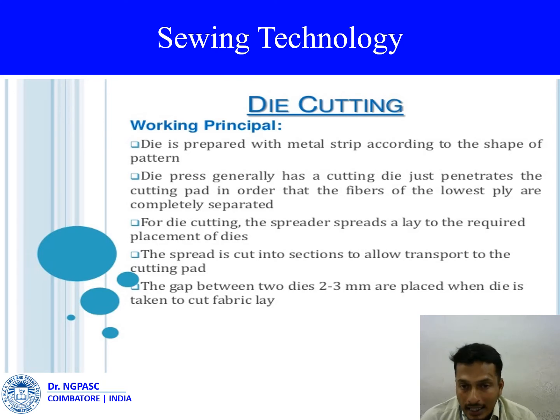Then for die cutting, the spreader spreads a lay to the required placement of the die. The spread is cut into sections to allow transport to the cutting pad. A gap of 2 to 3 mm is placed between two dies when the die is taken to cut the fabric lay.